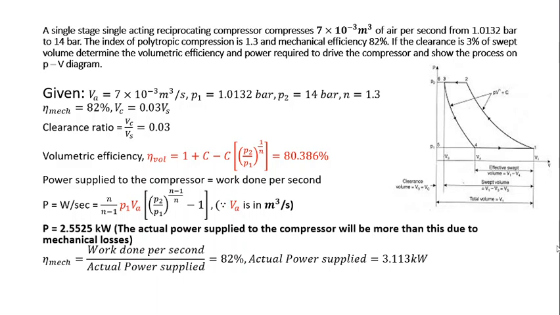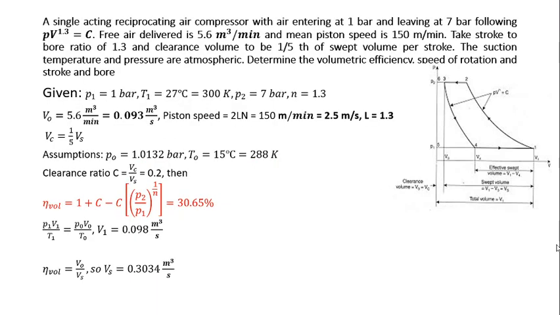Now the second question. This second question is also a university question. A single acting reciprocating air compressor with air entering at 1 bar and leaving at 7 bar following PV raised to 1.3 is equal to a constant. Free air delivered is 5.6 meter cube per minute and mean piston speed is 150 meter per minute.